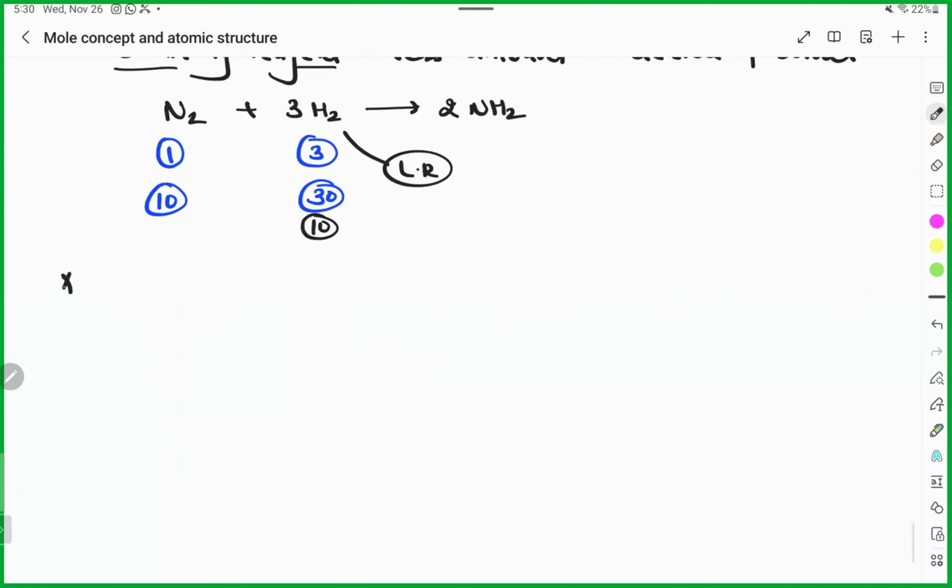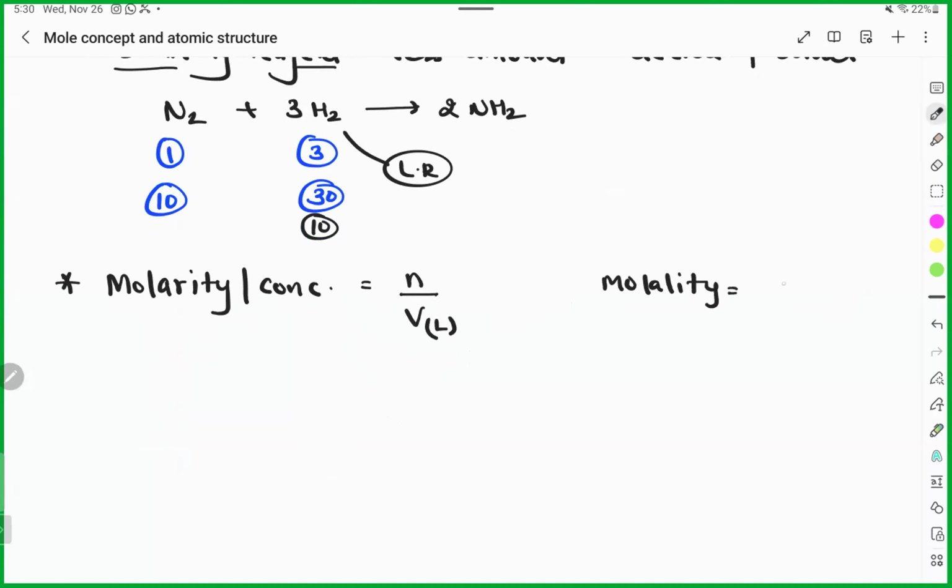Then you have molarity or concentration, which is given number of moles per unit volume of solution in liter. Molality, given number of moles per mass of the solvent.